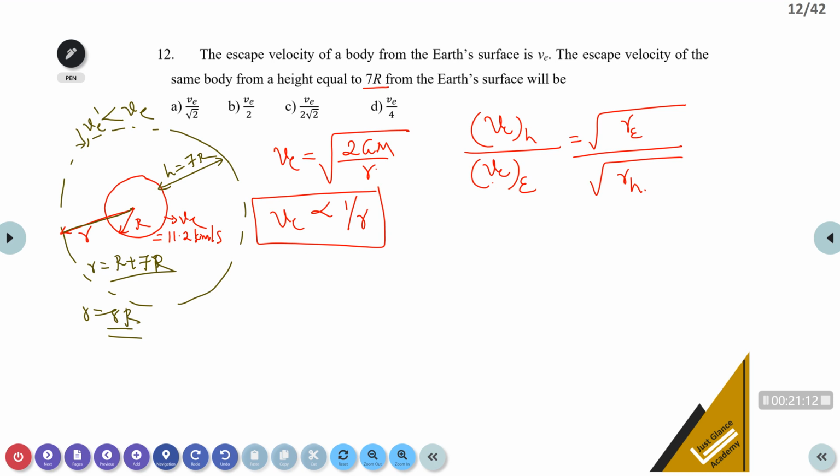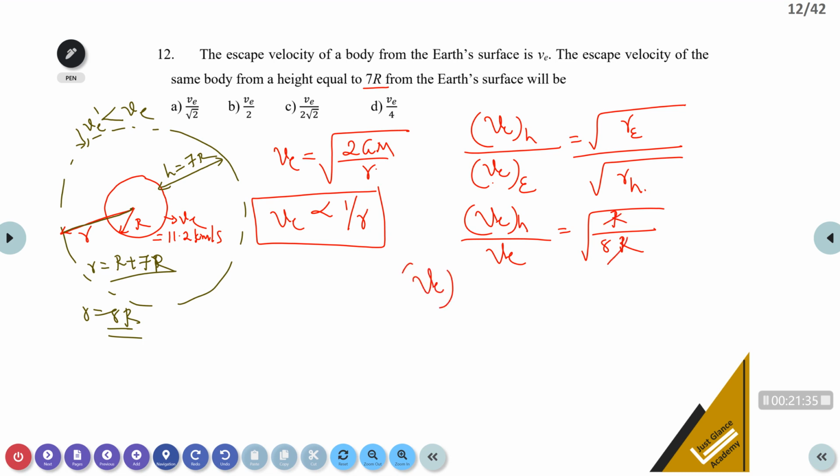I hope you understood, because how are they related here? Inversely related. Now, VE at height h divided by VE on the Earth's surface, VE equal to radius R. Here it is 8R, so that this gets cancelled.